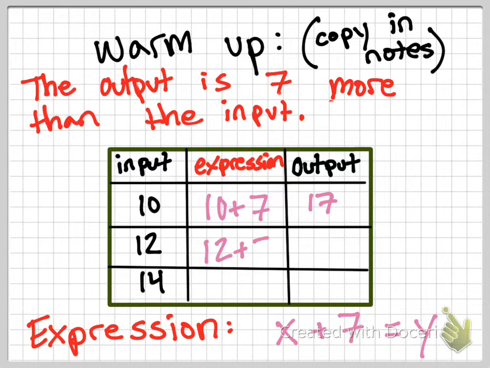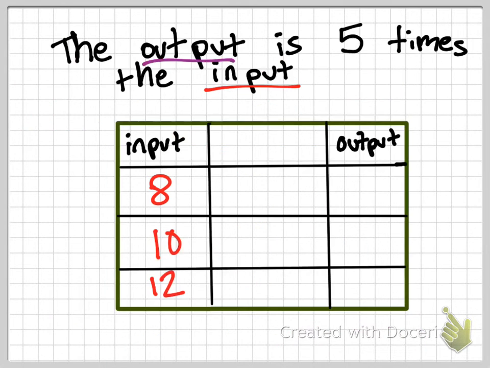Perfect, 12 plus 7. And Matthew, what does that equal to? 19. Lastly, Emerson, what is our last expression? 14 plus 7. And what is the answer to that, Alinza? Perfect, 21. Excellent.